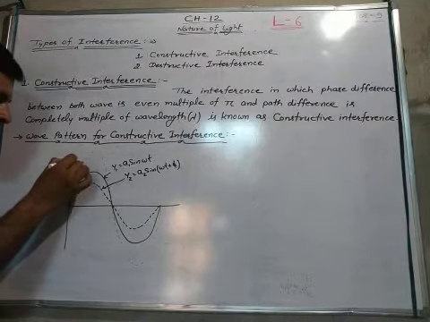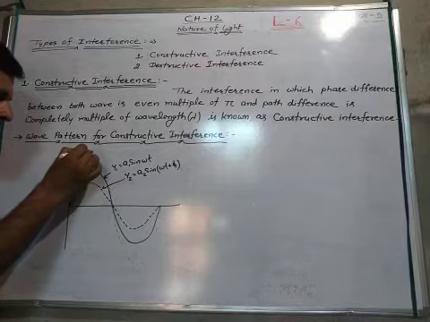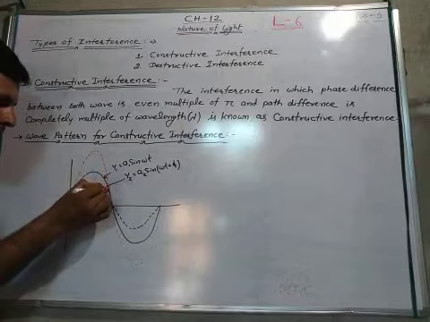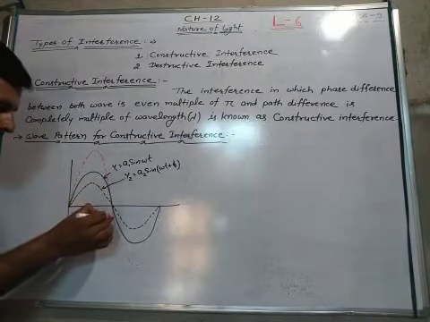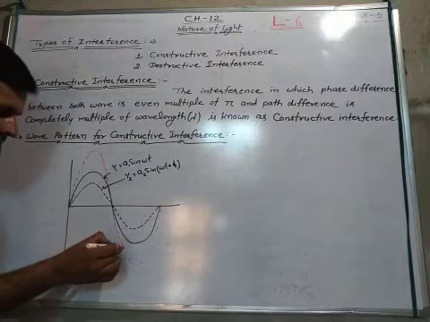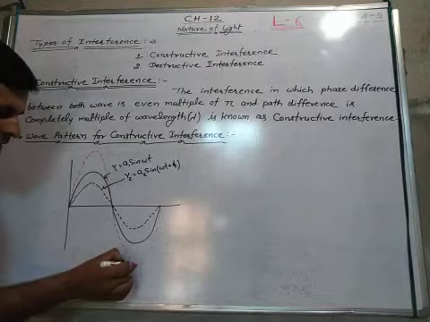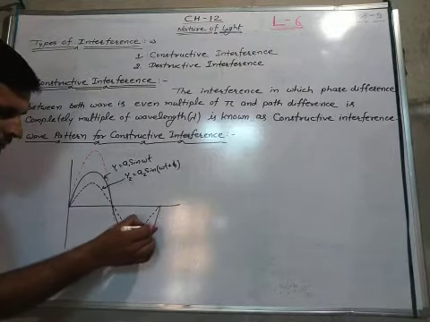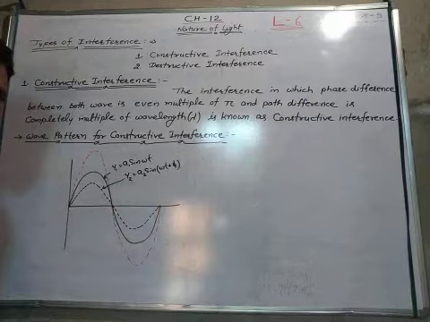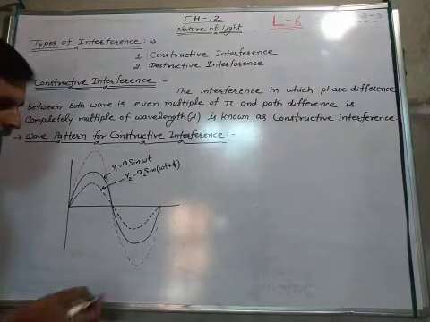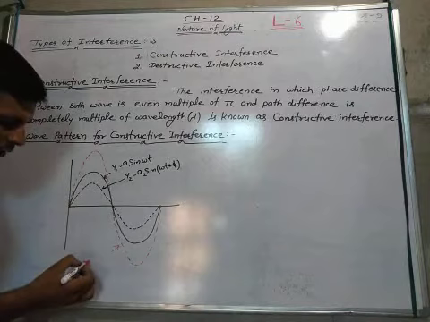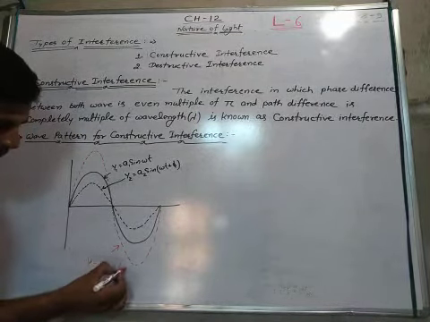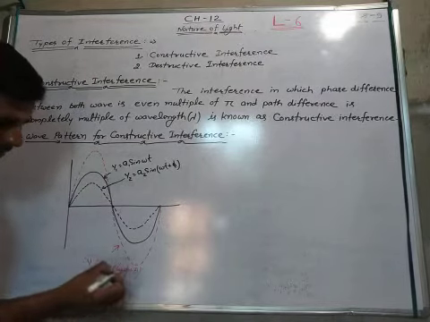The resultant wave is the sum of both waves' amplitudes. Then this is the resultant wave, which is shown by y equals capital R sin (omega t plus theta).